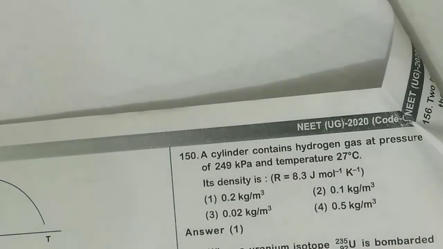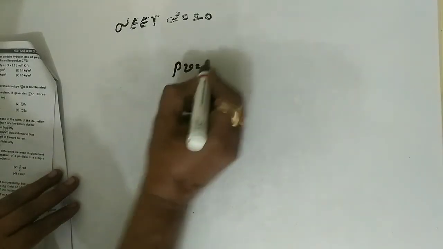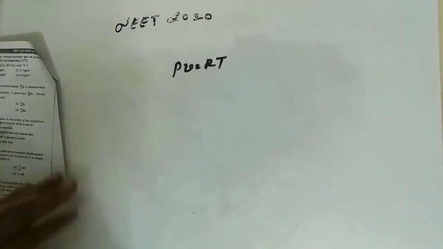Next we come across the 150th question. A cylinder contains hydrogen gas at pressure of 249 kilopascal and temperature 27 degrees centigrade. Its density is, the gas constant R is given 8.3 joule per mole per Kelvin. Now this is our question. By using the ideal gas equation, PV equals nRT, n is nothing but 1, PV equals RT.